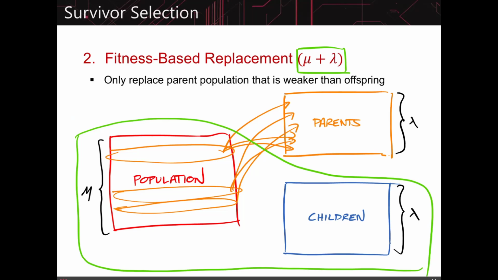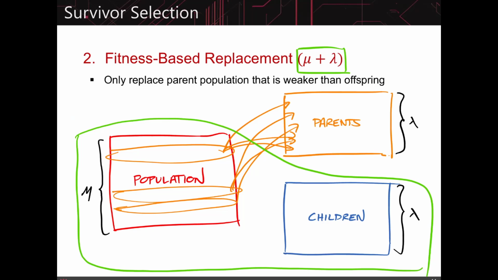Or we could make lambda really, really large. We could make it double the size of mu, and then we've got essentially 3 times our original population to choose from on the next generation. In any case, it is the fitness of the individuals that dictates whether or not they survive. Survival of the fittest is the key principle of genetic algorithms.